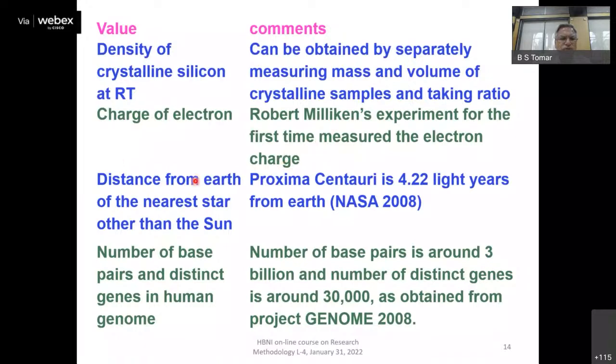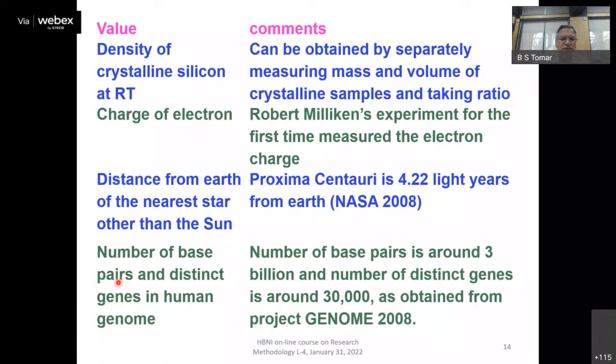The distance from the Earth of the nearest star other than the Sun, Proxima Centauri, is about 4.22 light years from Earth, which was published by NASA in 2008. So this value has been measured experimentally by physicists.